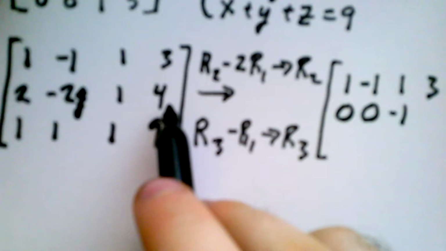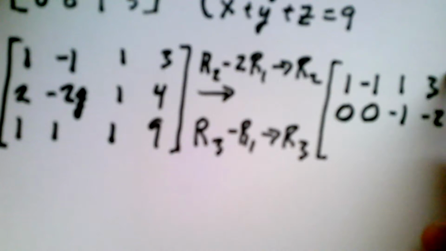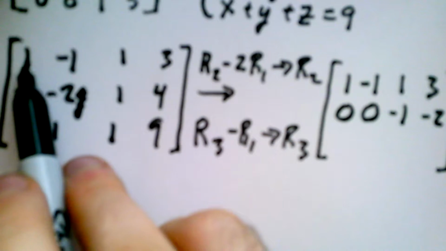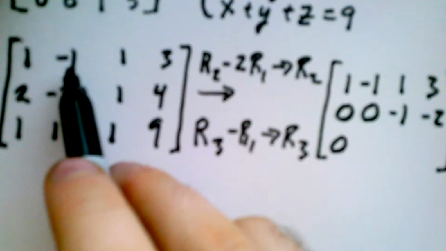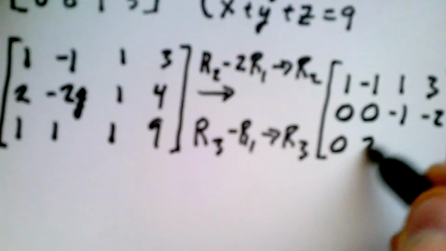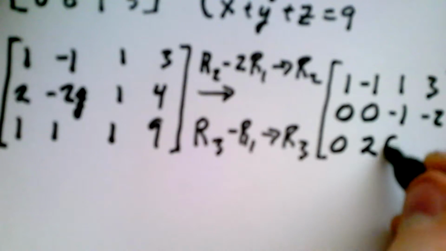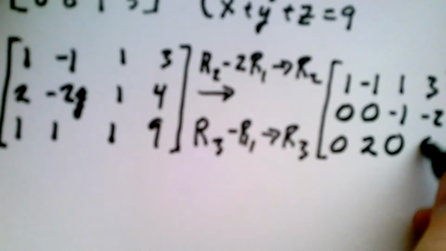And 4 minus 2 times 3 is negative 2. Then the third row: 1 minus 1 is 0. 1 minus negative 1 is 2. 1 minus 1 is 0. 9 minus 3 is 6.